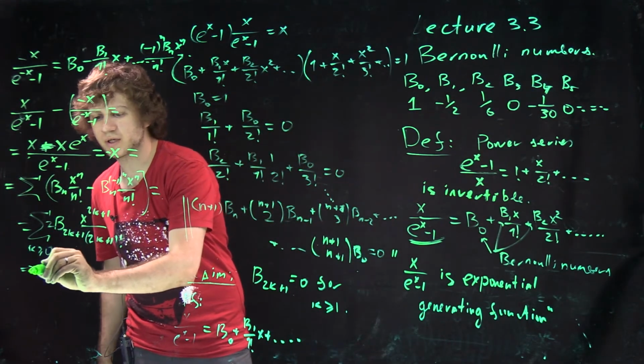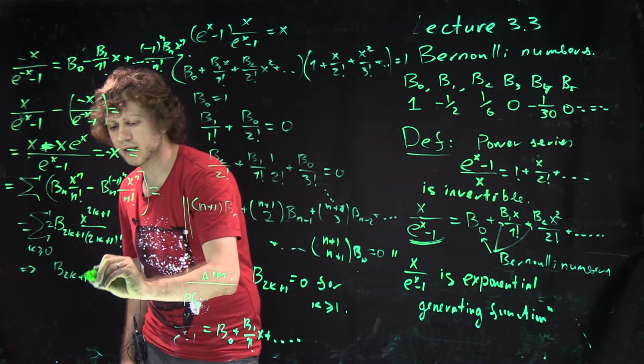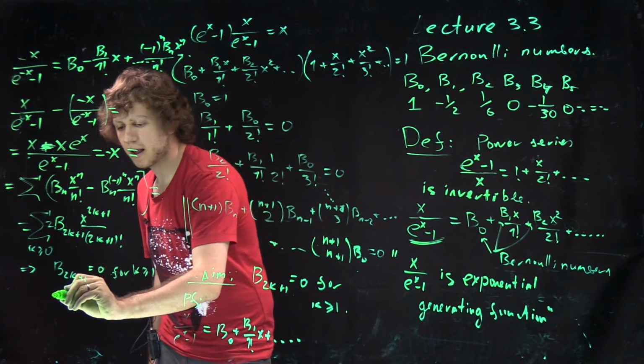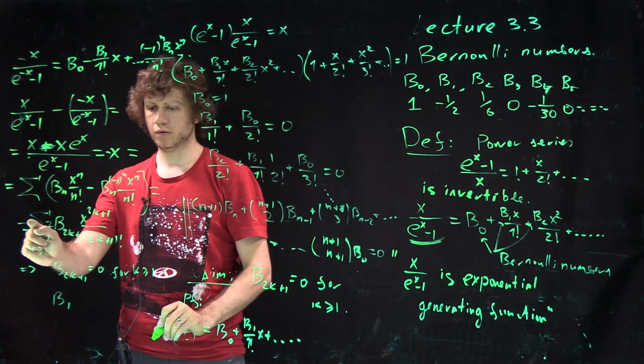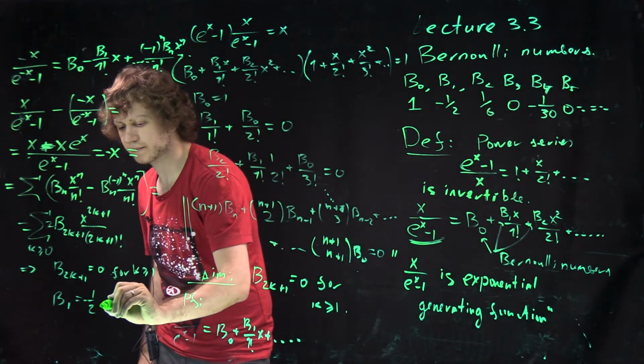So b2k plus 1 equals 0 for k greater or equal than 1, and b1 times 2 equals minus 1. So b1 equals minus 1/2.